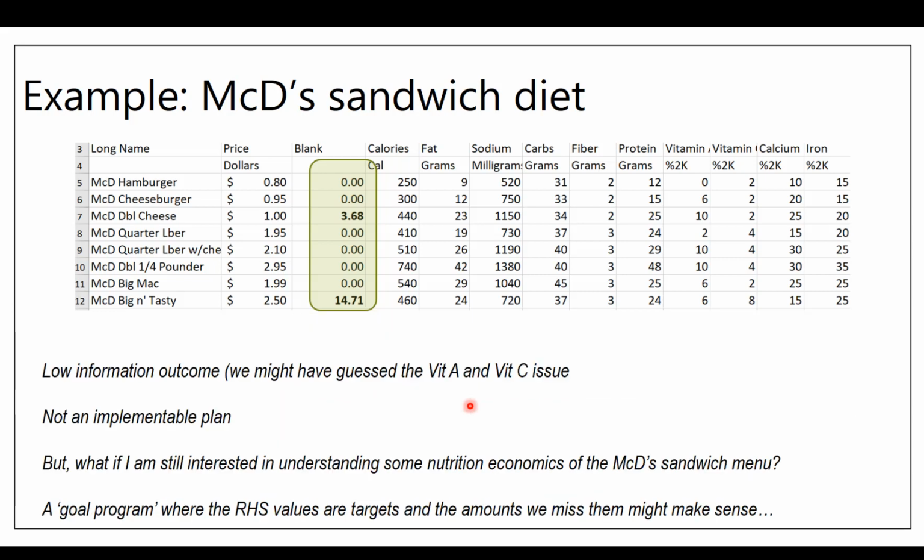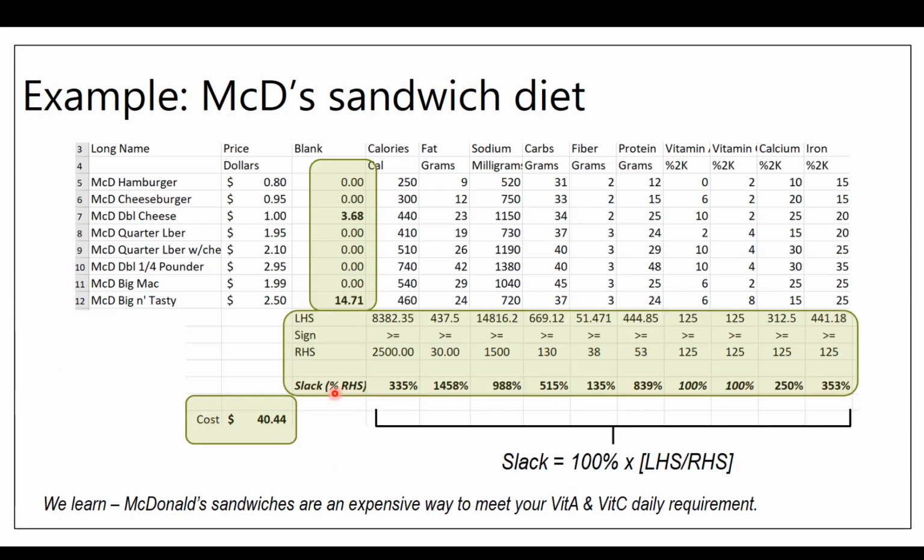And so to do that, we implemented these slack variables as percentage terms. We recognize that 2,500 versus 8,300 here and 30 versus 430 here are not the same units, so subtraction to get the slack would be a misstatement of things.